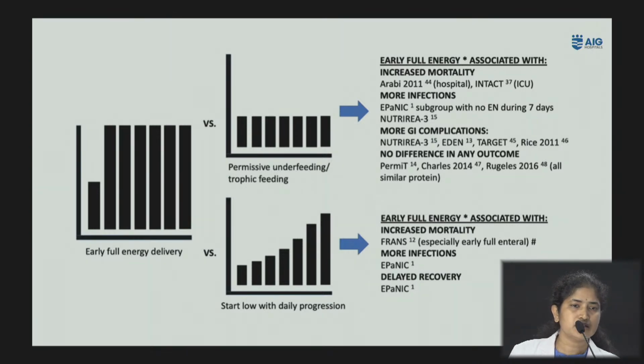All these studies looked into early full energy versus permissive underfeeding, trophic feeding, or starting low with daily progression, with a daily evaluation of the patient's caloric needs and feeding tolerance. Early full energy was shown to increase mortality, infections, and GI complications. In some studies it was equivocal, not affecting any of the outcomes much, but still associated with more GI complications wherever early full energy delivery was implemented.